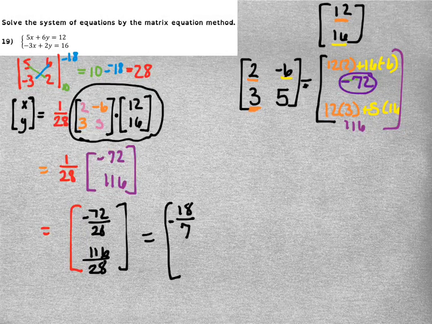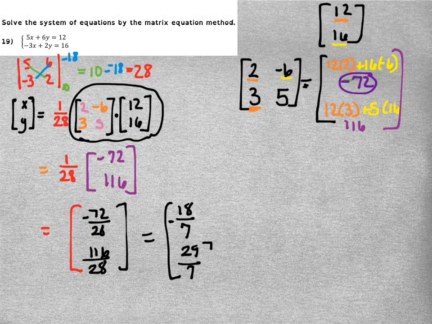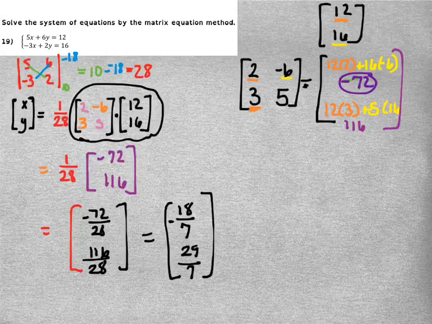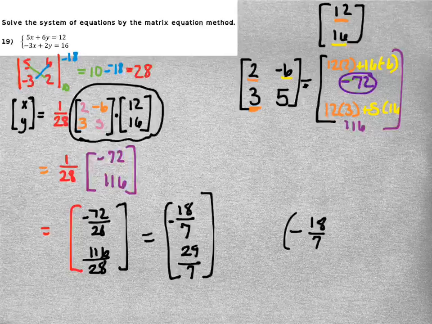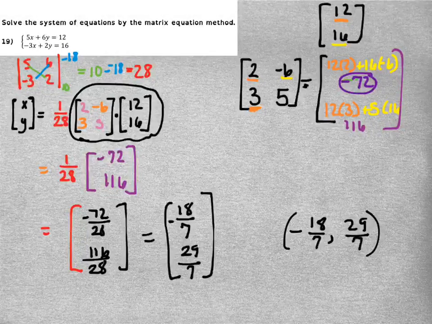And then 116 is also divisible by 4, and you divide it by 4, you get 29. And 28 divided by 4 is 7. And so my ordered pair for the solution on this is going to be negative 18 sevenths, comma, 29 sevenths. On the test, I am going to accept decimal answers, rounded to the nearest hundredth.